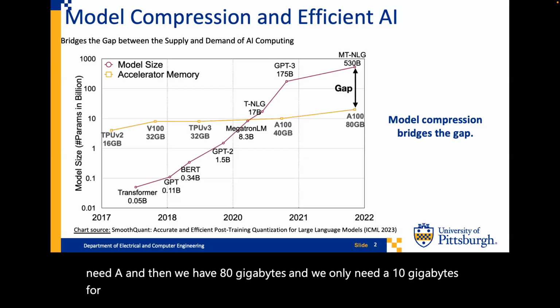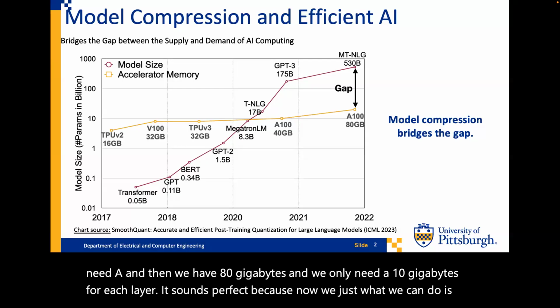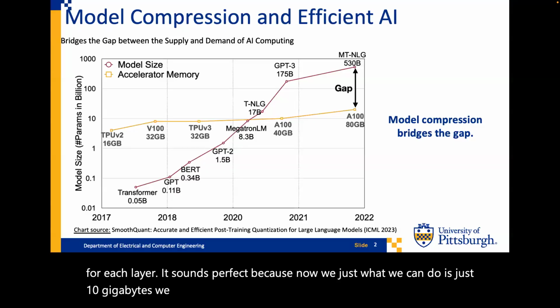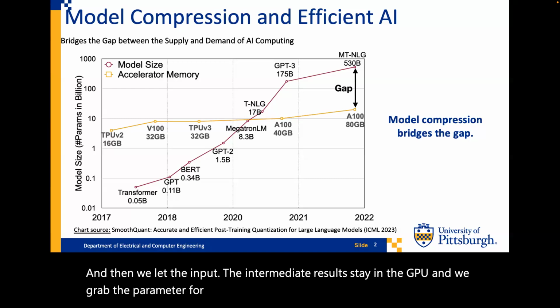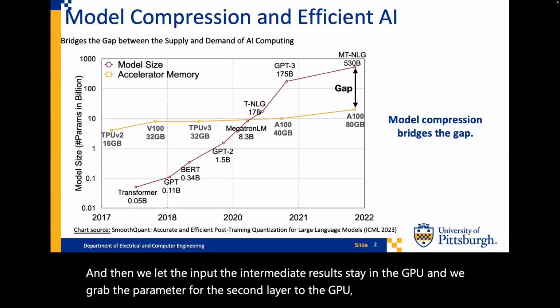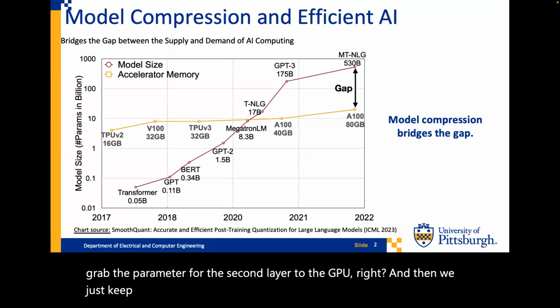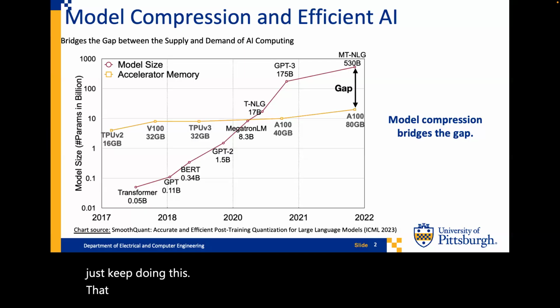It sounds perfect. We process the input, let the intermediate results stay in the GPU, and grab the parameters for the second layer into the GPU. Then we just keep doing this. That sounds perfect, but what's the problem?